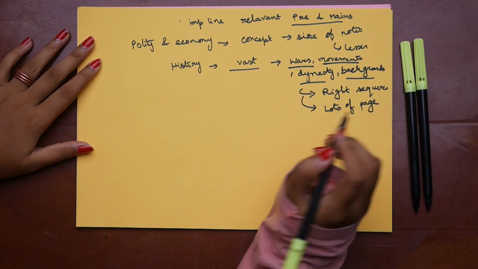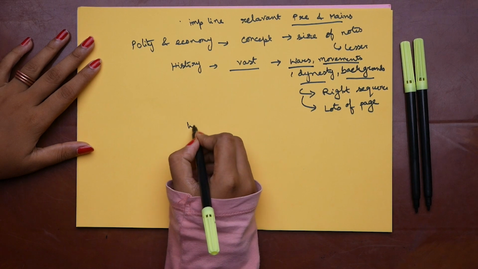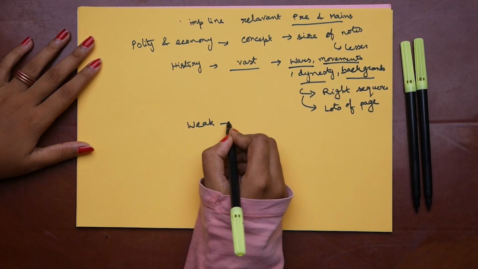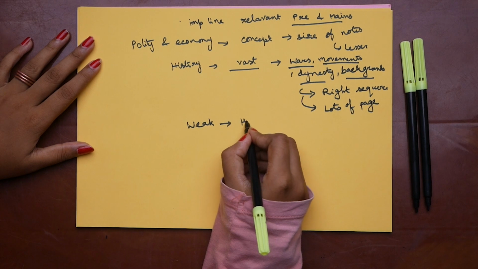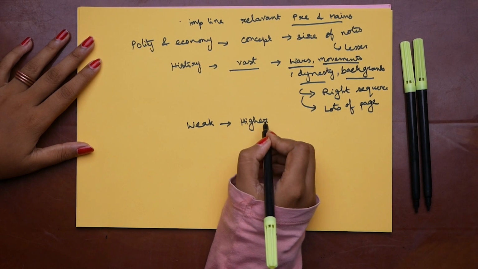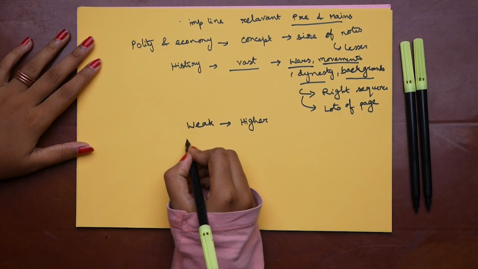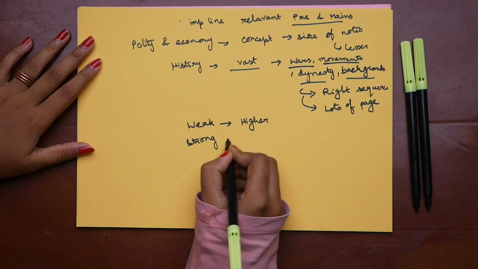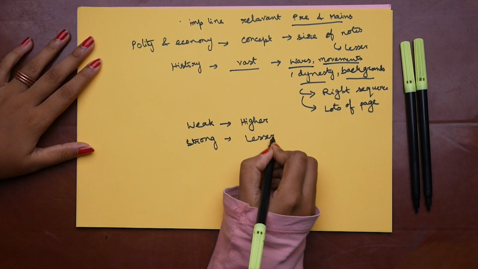It is quite obvious that in those subjects where you are weak, the content of the notes will be higher, and wherever you are strong, the note size will be lesser.